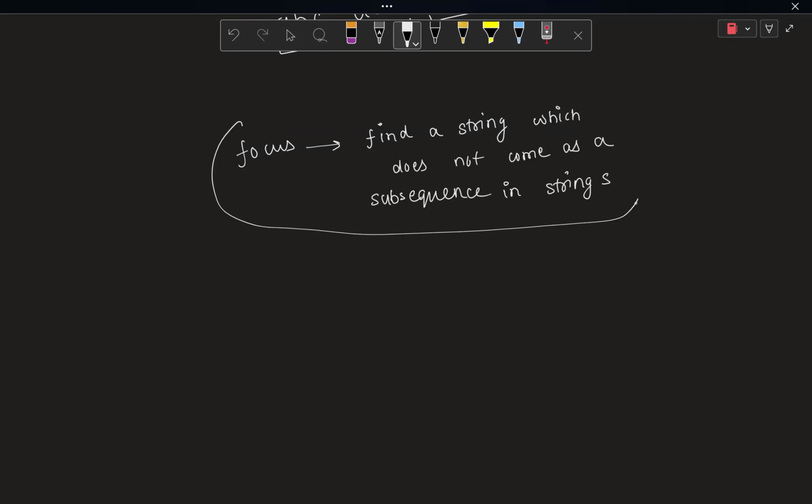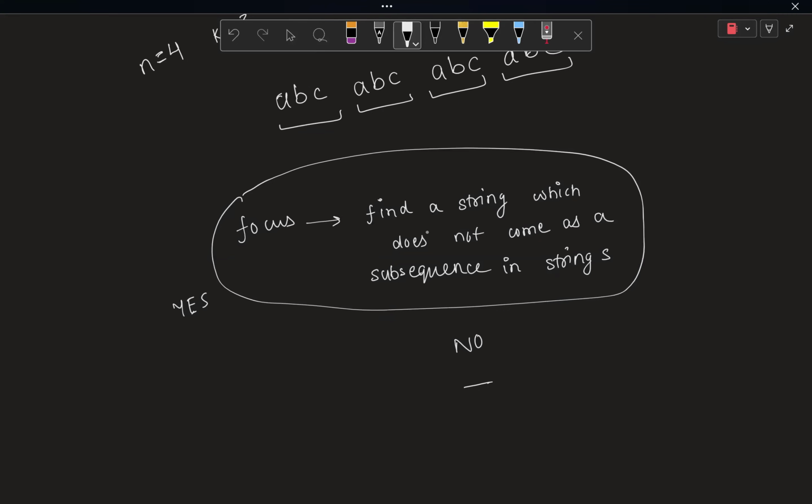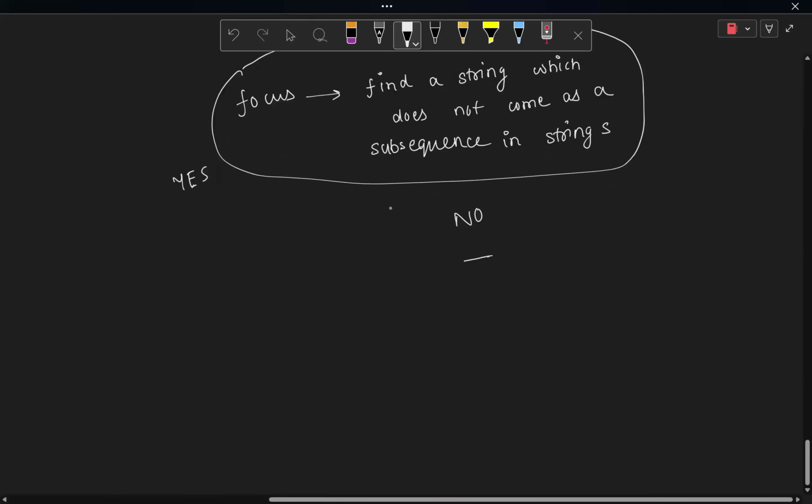Can I say that I will try to have my focus on this thing? In case I succeed to do so, then I will print no and the string I got. In case I fail to do so, then I will print the answer as yes. So I have just manipulated the problem a little bit for my convenience. Now my aim is to just find out a string which does not come as a subsequence in string S.